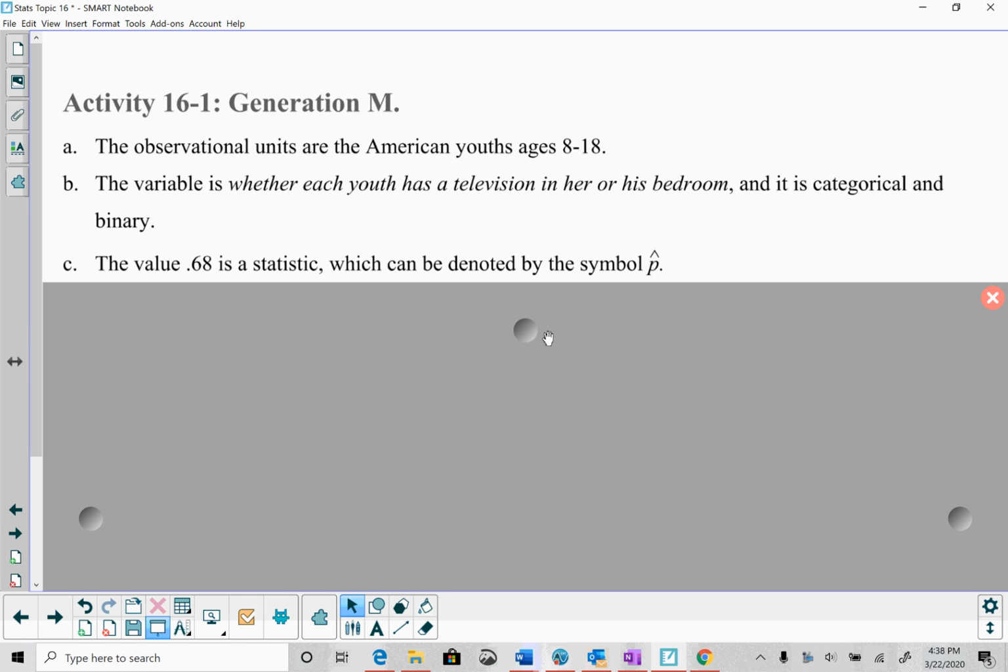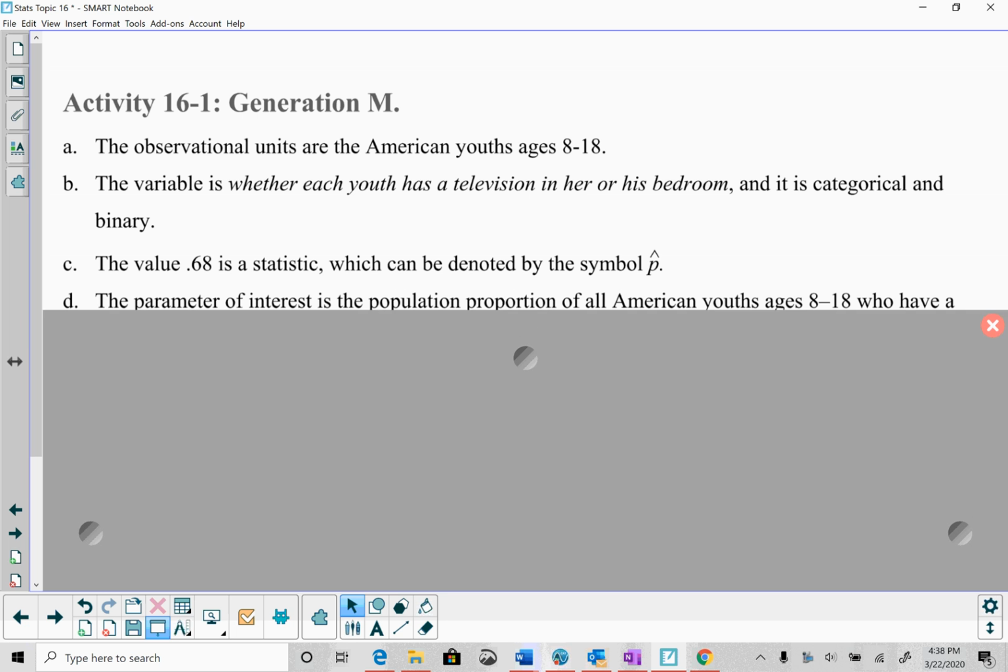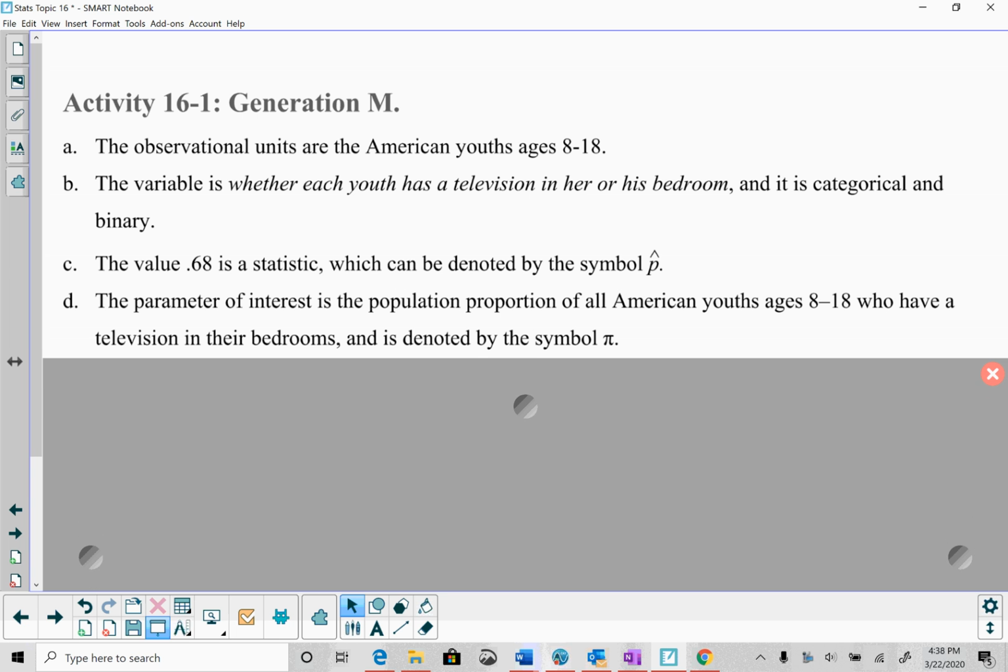Part D, describe in words the relevant population parameter of interest in this study. Well, the parameter of interest was going to be the proportion of all people in this country ages 8 through 18 who have a television in their bedroom. Again, that's going to be a proportion describing the population, and that symbol would be pi.